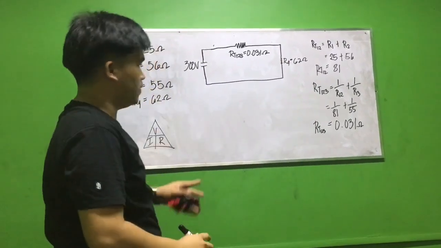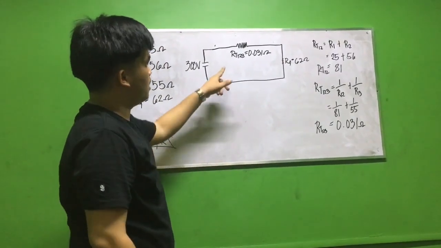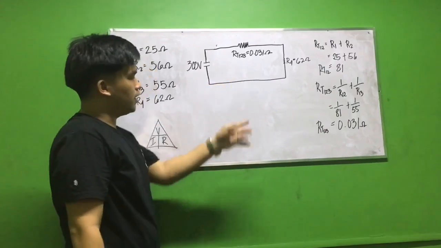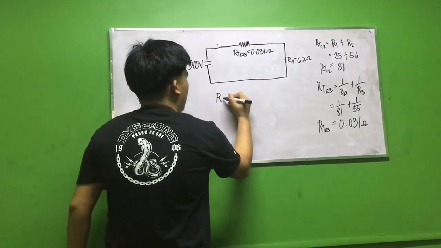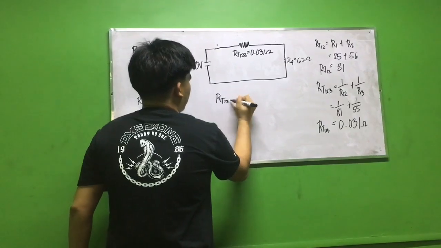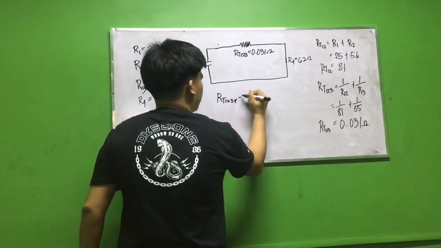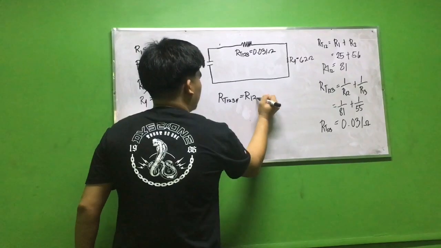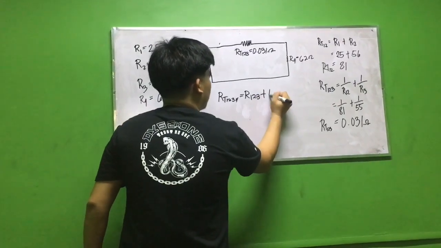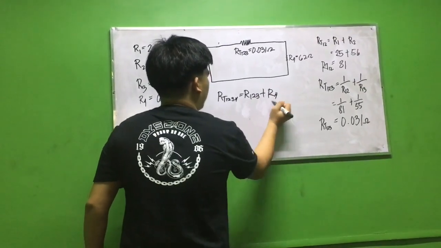Next we have to calculate the R total of 1, 2, 3, and R4. We have the given RT1234 equals R123 plus R4.